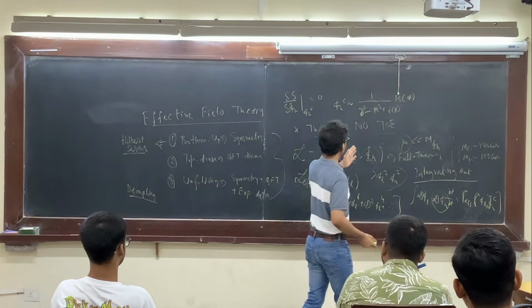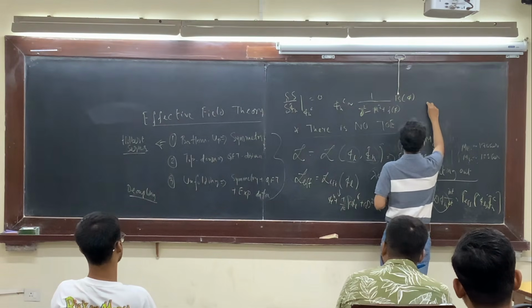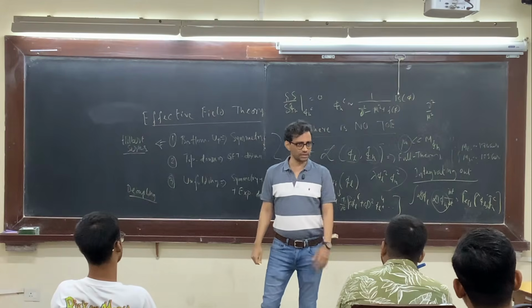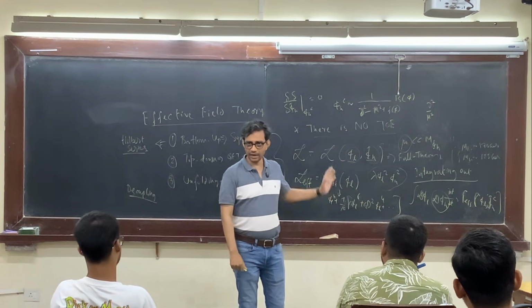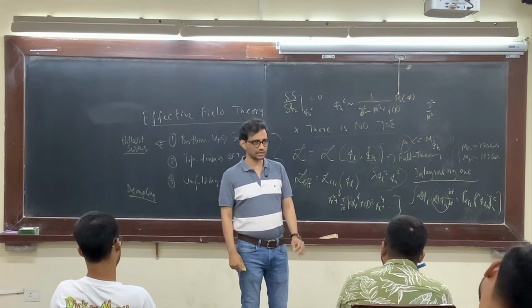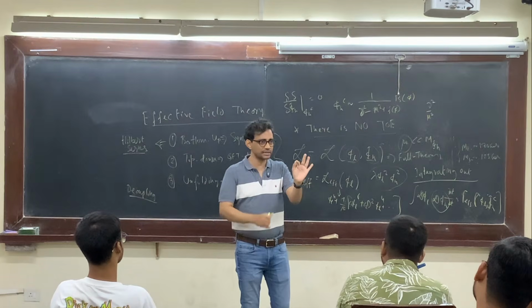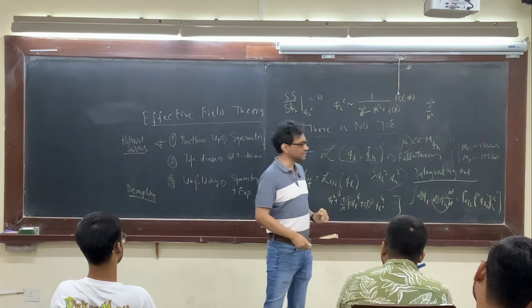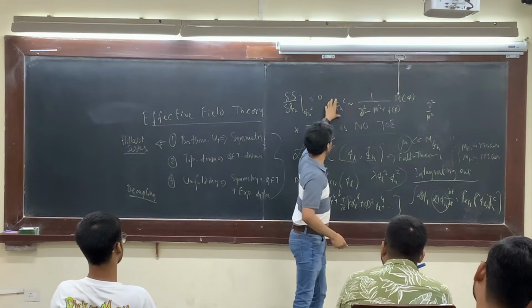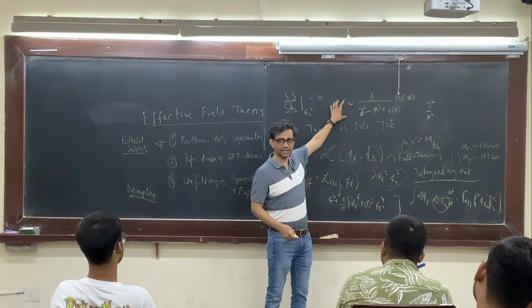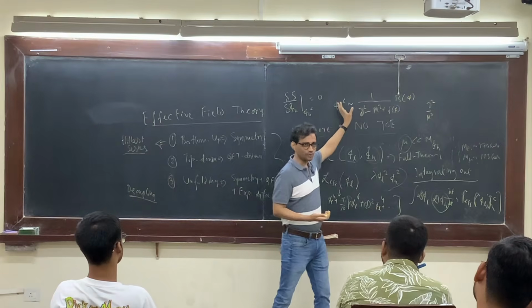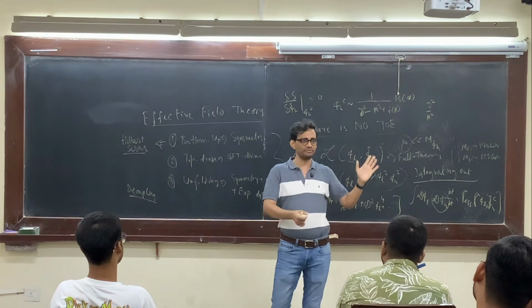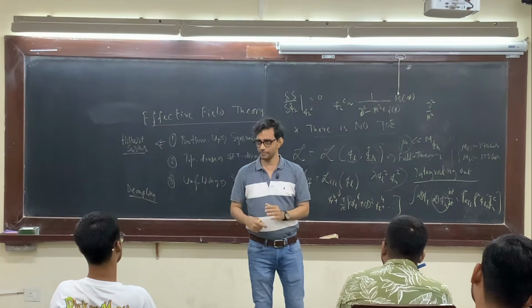So I can perform an expansion over this del square by m square, like a binomial expansion, okay? And I can write down the infinite number of operators, and each operator in the infinite expansion is a local operator. And now you can see that you start with a dimension, because phi HC has a mass dimension 1, but what will it generate? It will generate infinitely many operators having mass dimension up to infinity.